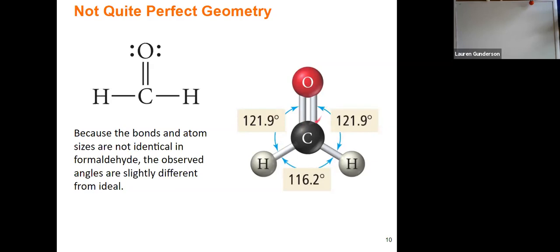However, because you have the different electronegativity of oxygen to hydrogen, that's not what happens. You end up with more repulsion here. So these bonds end up pushing away from one another, and then the hydrogen bonds end up closer together because they don't have as much negativity as the oxygen does. So they get squeezed in a little bit over here.